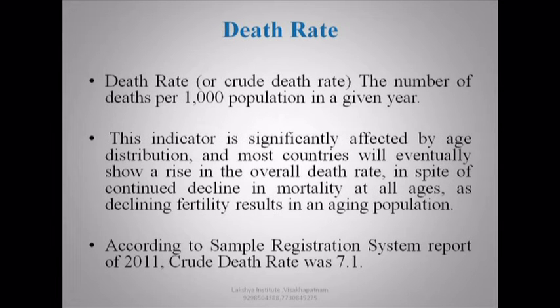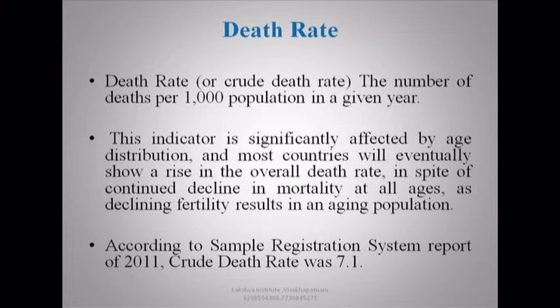Death rate. Death rate, or crude death rate, the number of deaths per 1,000 population in a given year. The death rate, while only a rough indicator of the mortality situation in a country, accurately indicates the current mortality impact on population growth.